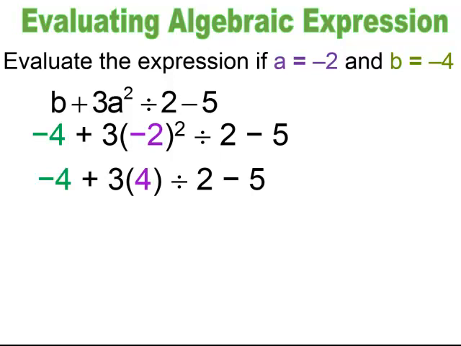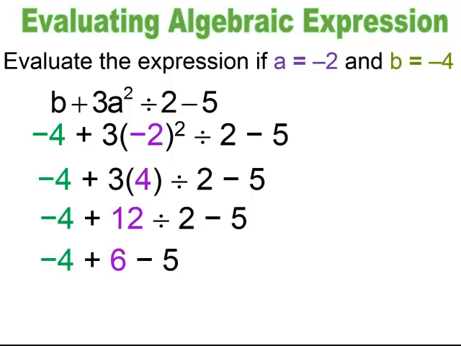Now I'm going to work multiplication and division from left to right. So I get 3 times 4 is 12 divided by 2, and 12 divided by 2 is 6. Now I can do the addition and subtraction. Negative 4 plus 6 is 2, minus 5. 2 minus 5 is a negative 3. So make sure you're doing order of operations step by step.